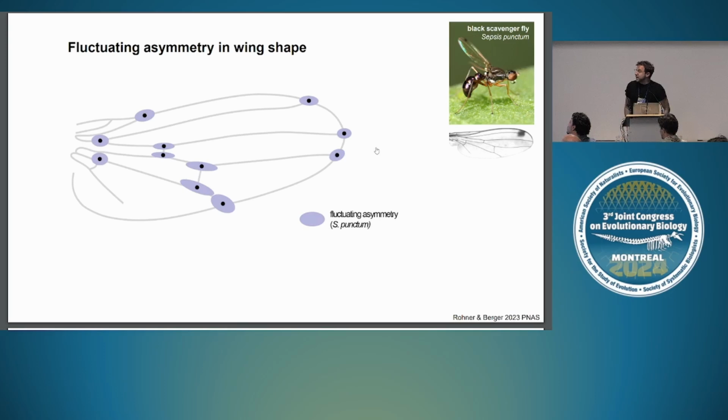We did this in the sepsid wing, and what you see here is a sketch of the outline of a wing. In black, you see the average location of particular landmarks, and in blue, I'm showing you the distribution of fluctuating asymmetric variation. What you can see is that all of those landmarks vary somewhat, which is expected, but there are some landmarks that vary more than others, especially the ones in the middle. I don't have a pointer.